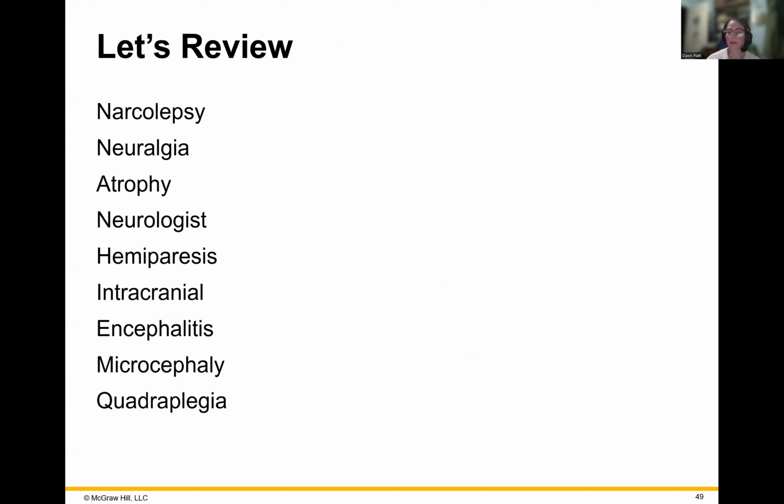Again, some review, do whatever you want with these. The idea is to look at the term, identify the prefix, the root word or combining form, and the suffix, figure out the meanings of those individual word components, and then determine the overall definition of the term.